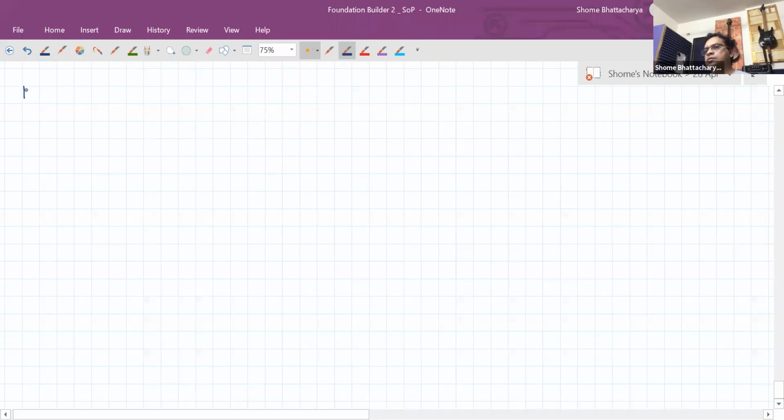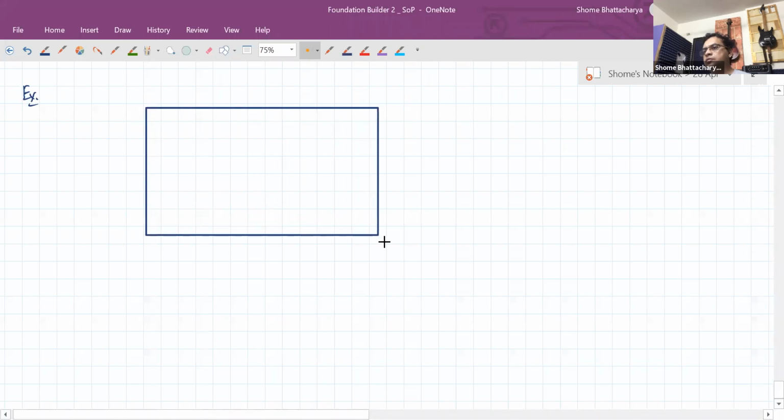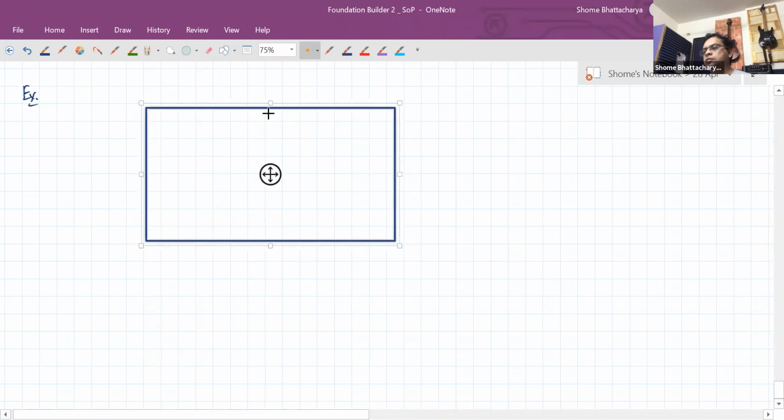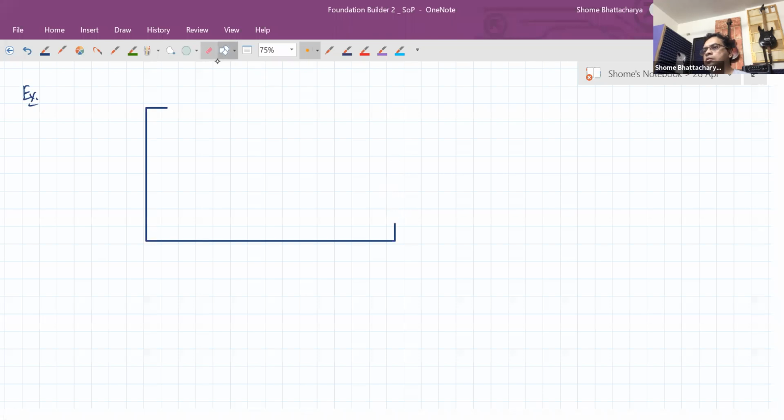Okay, the next example of an application of the concept of center of mass: let's say we have a situation like this. This is a smooth curve that eventually becomes a straight line over here.